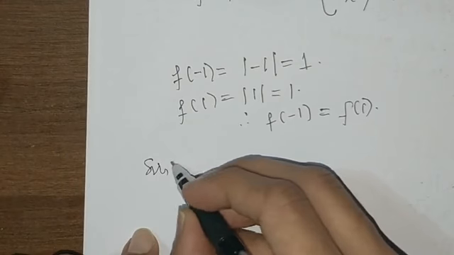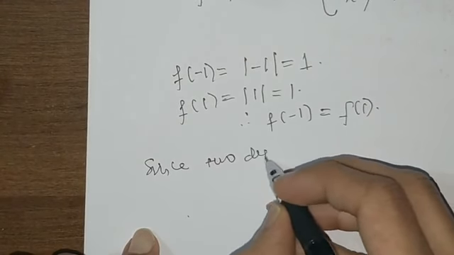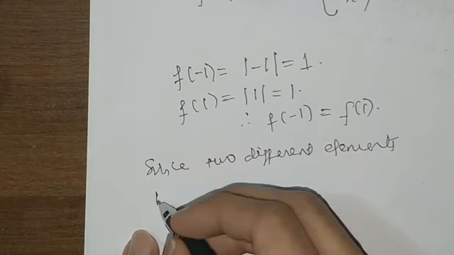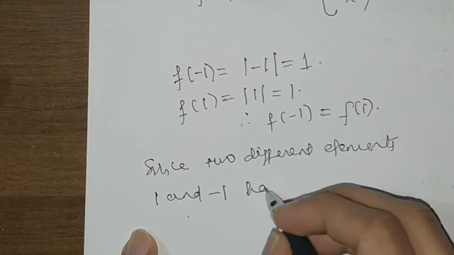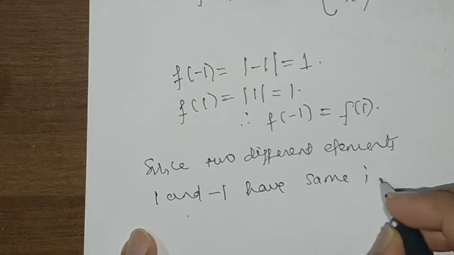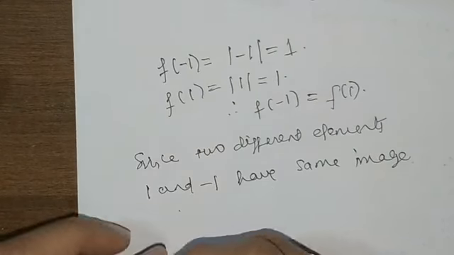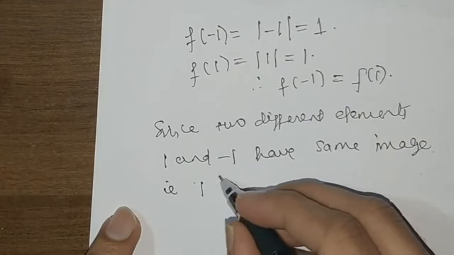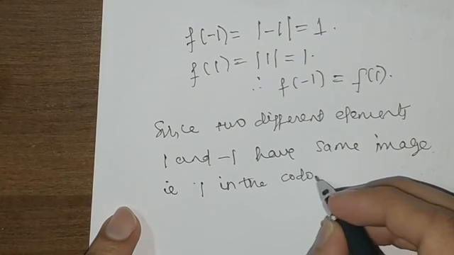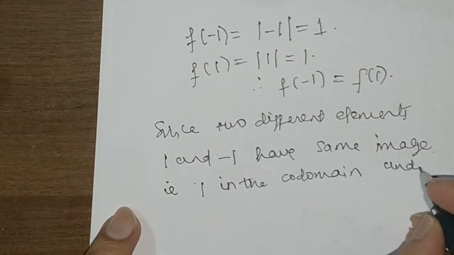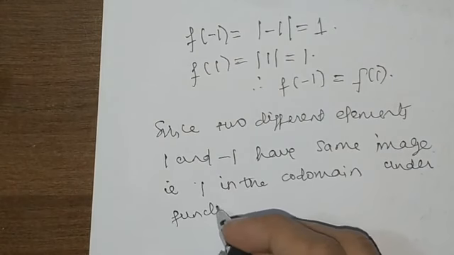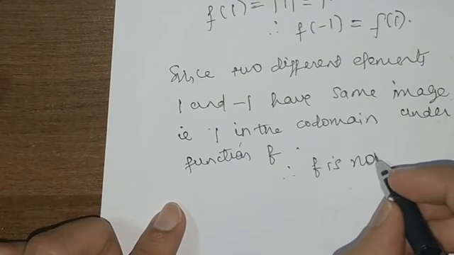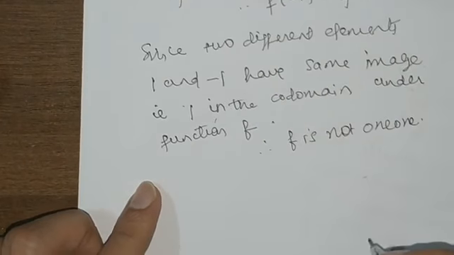So since two different elements, 1 and minus 1, have the same image, that is 1, in the codomain under the function f, therefore f is not 1-1.